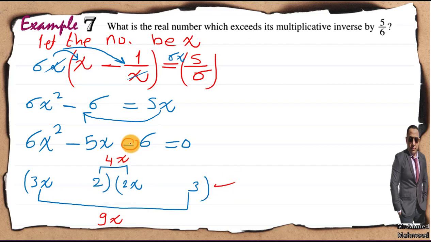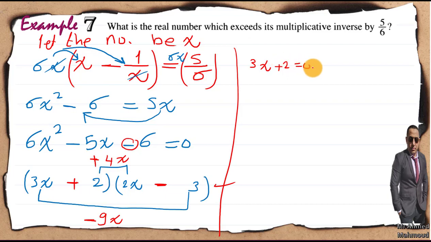This is minus, so I'm going to send the middle sign to the greater number. This is minus and this is plus. 9 comes from 3 times 3, so the negative belongs to 3. And 4 comes from 2 times 2, so the positive comes from 2. Now the two brackets: 3x plus 2 and 2x minus 3. So 3x plus 2 equals 0, and 2x minus 3 equals 0.